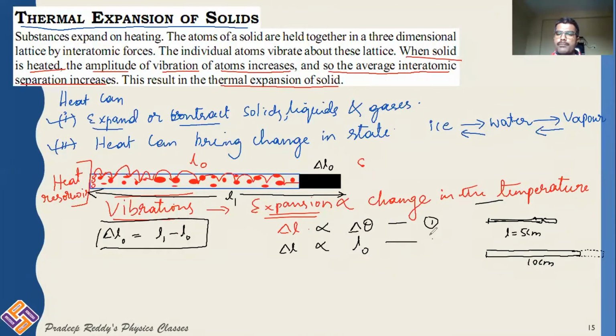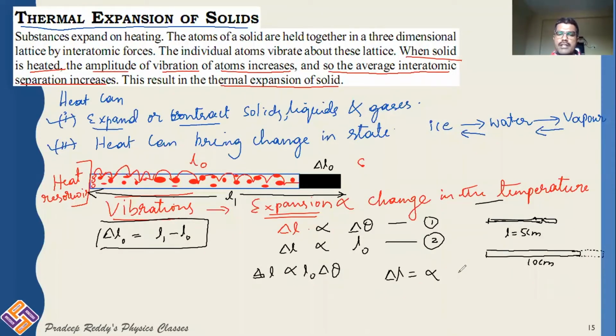Now I use these two and write delta L is proportional to L naught into delta theta. To remove the proportionality, you should include a constant.